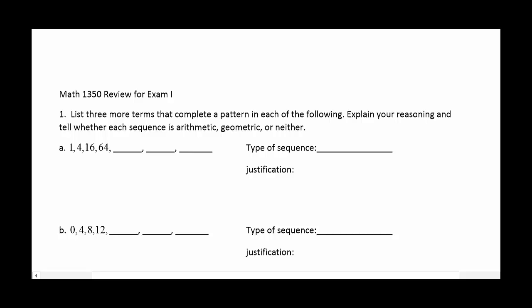Geometric would mean that I'm multiplying by the same number each time. So 1 times 4 is 4. 4 times 4 is 16. Ooh, I think we got it. And then 4 times 16. Okay, so it is in fact geometric. And the justification is that we are multiplying by 4.